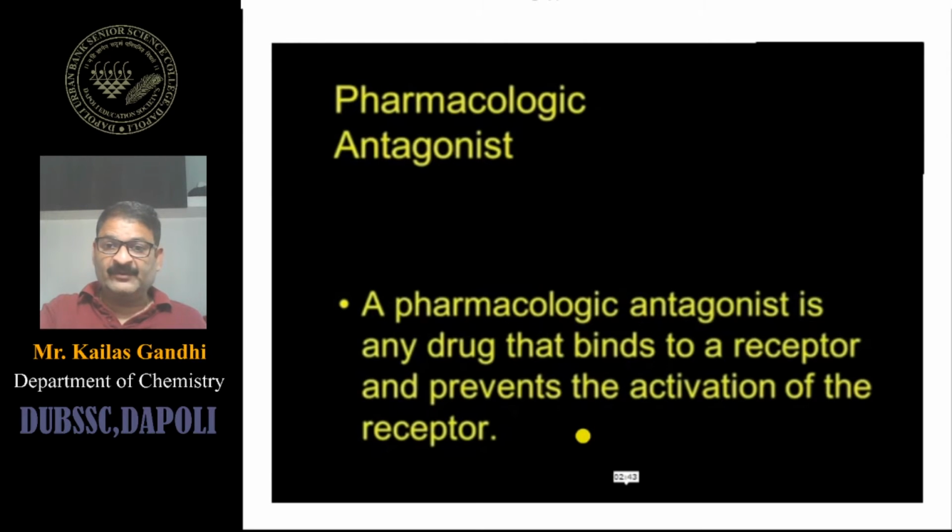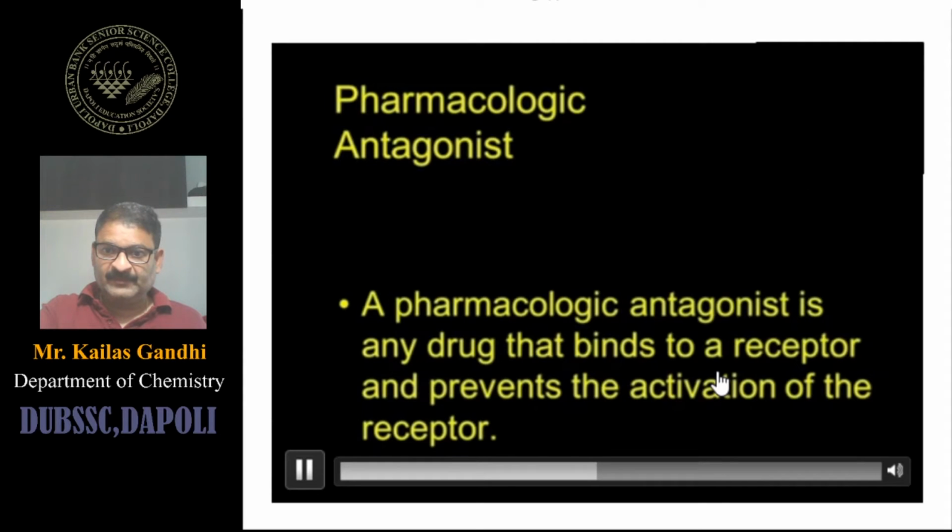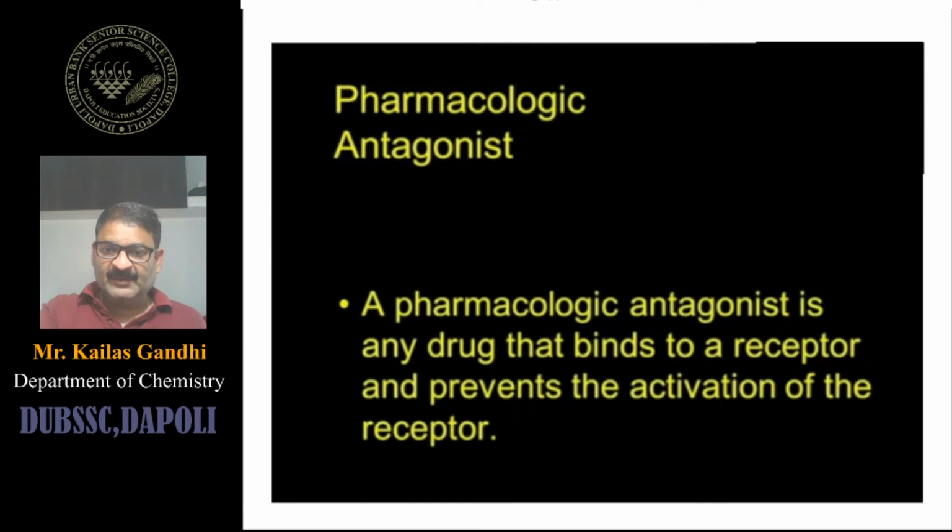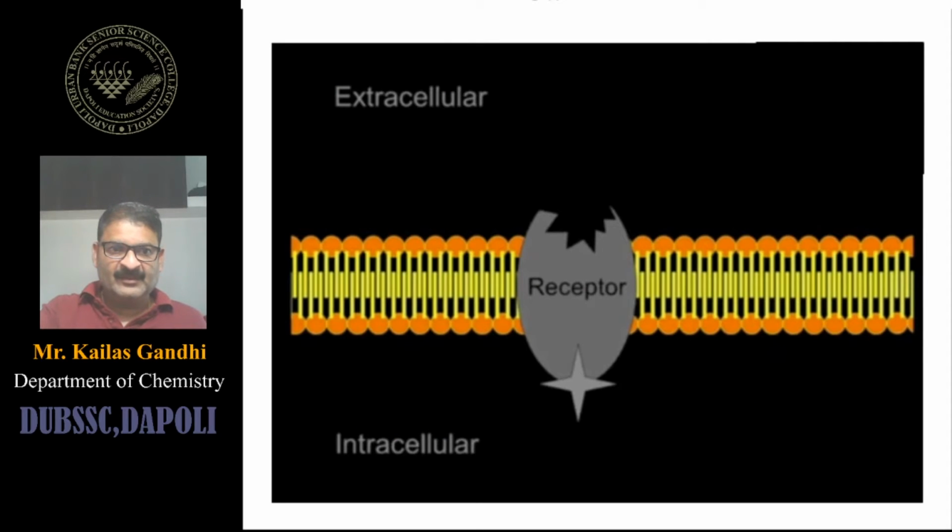So here we are going to see what the types of antagonist are and how the antagonist works here. You can see that the video is moving slowly, that's why the next picture is not coming, maybe due to some connectivity problem.